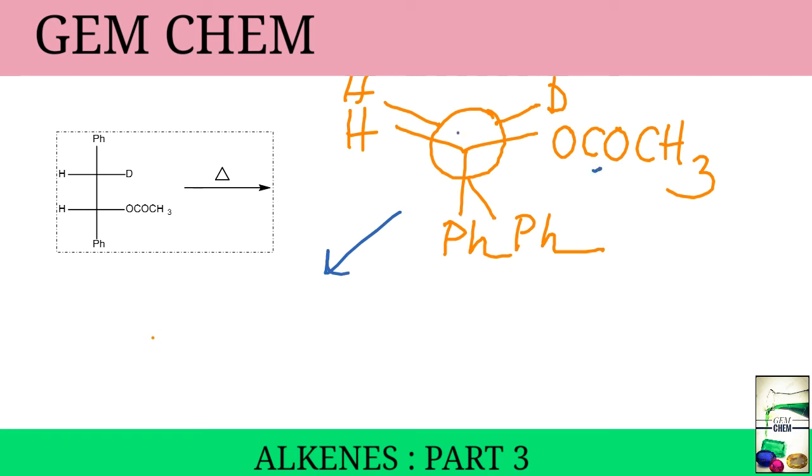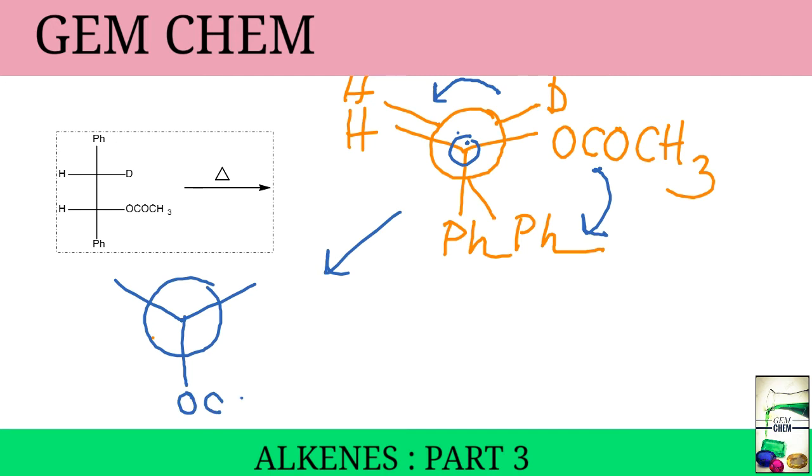First we rotate the front carbon in clockwise direction and the back carbon in anti-clockwise direction. So the structure which is obtained is like this. See this one: Ph, OCOCH3, H, Ph, H, Ph and D.